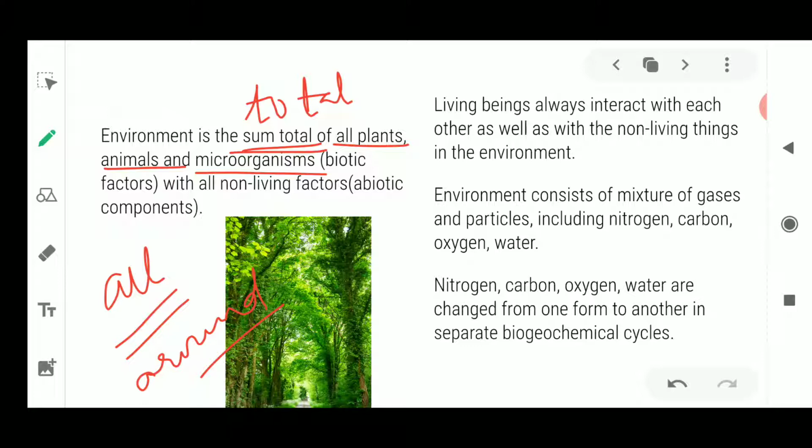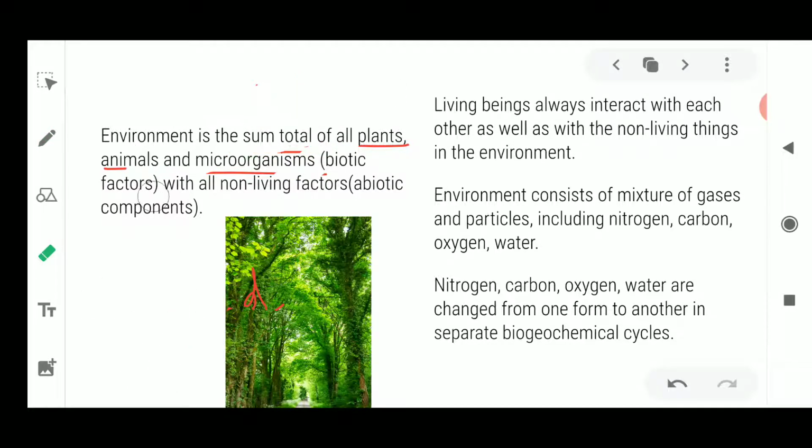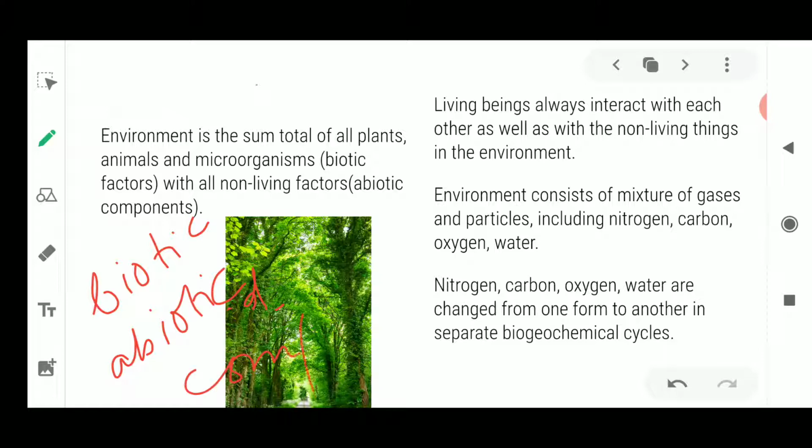From this line you can understand the two major components of environment. What are these two? One is the biotic component, another one is the abiotic component of the environment.